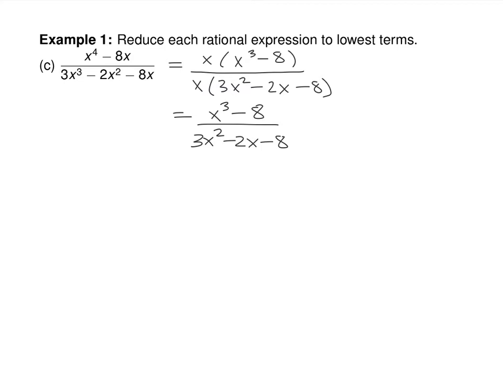Remember the hints I told you to look for is that the numerator is a cube, and there's only two terms, right? So that's that formula from the last set of notes we had. So it'll be the a minus b, a squared plus ab plus b squared formula.